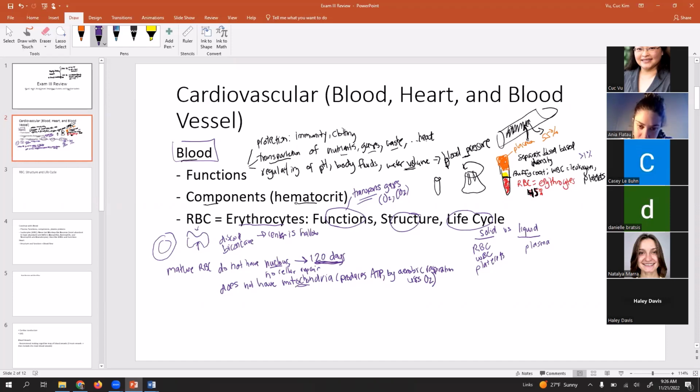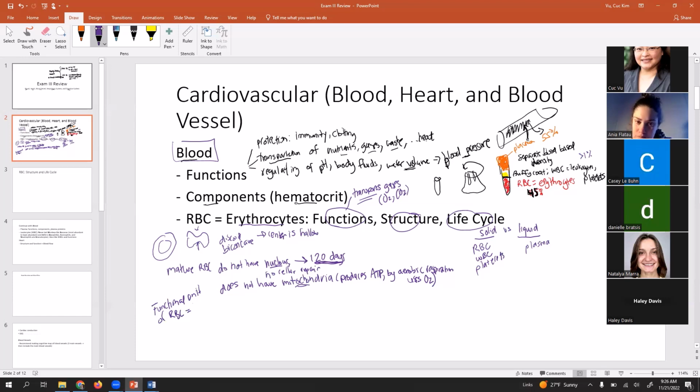All right. So now we break down the red blood cells. What are the functional units of a red blood cell? They have thousands of these units inside of a red blood cell. I heard someone say it earlier. Is it hemoglobin?